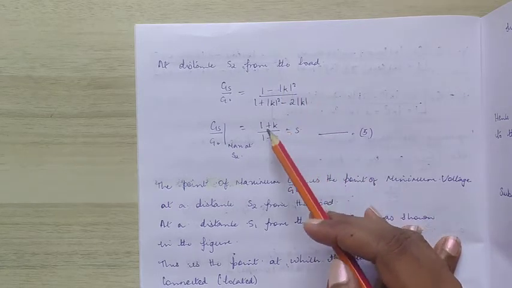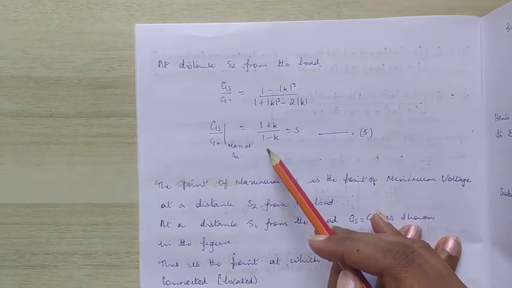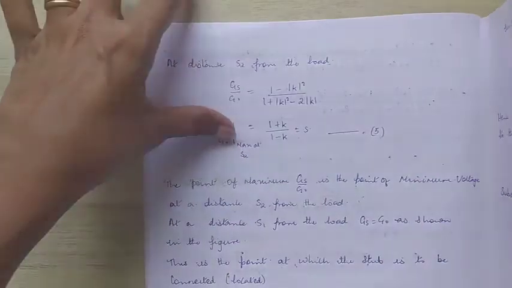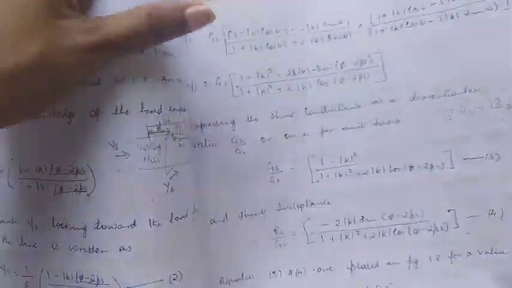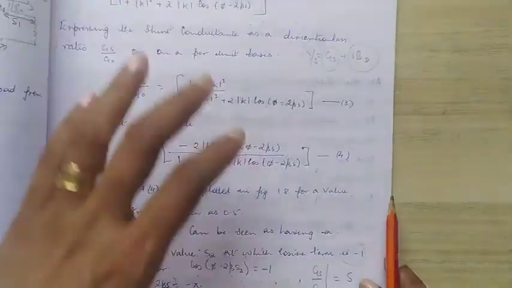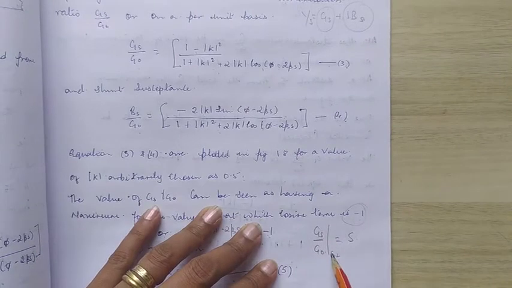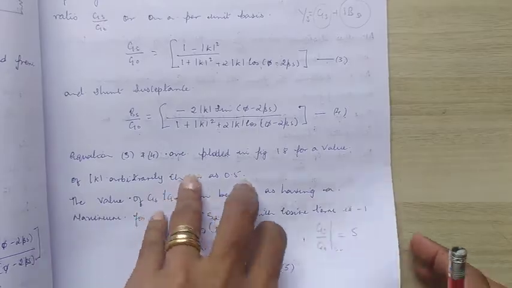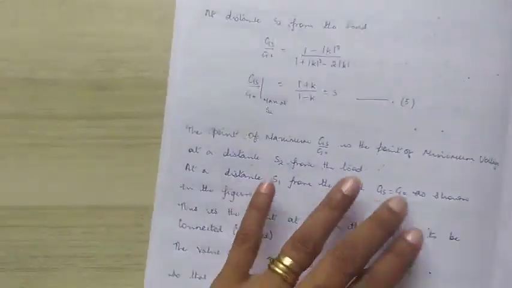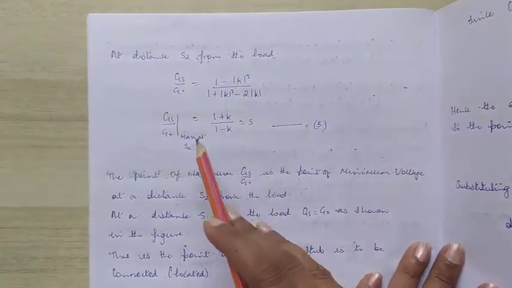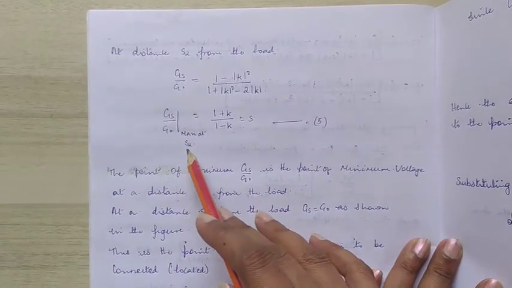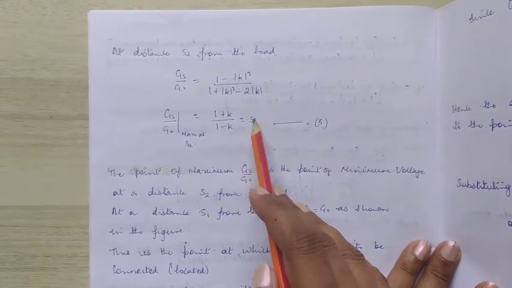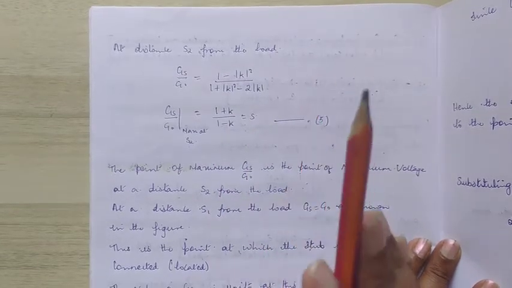So that can be cancelled out, and we get (1 plus k) upon (1 minus k), which is actually equal to S. And that's why I said over here that Gs by G naught at S2 is equal to S. So you know why, because we get a term over here where Gs by G naught at S2 is equal to (1 plus k) upon (1 minus k), which we have already seen is equal to S, and we call this equation number 5.